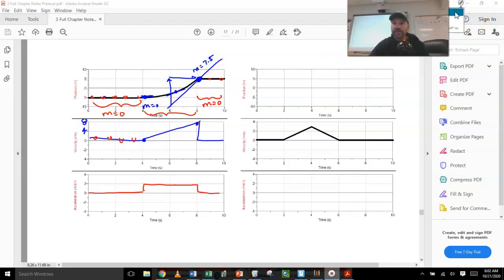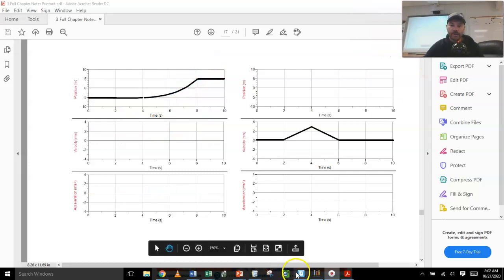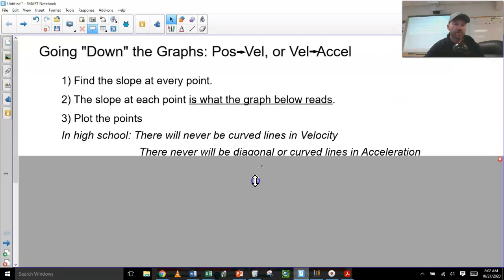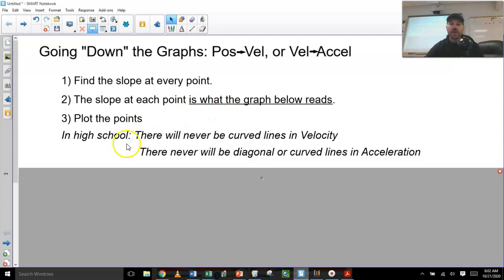Now, the next thing: how do you go up the ladder? A couple of points. In high school, your velocity is never going to have a curved line to it. It's only ever going to be a diagonal or a horizontal line, because if your velocity is curving, that means your acceleration is accelerating, and they call that the jerk, actually.